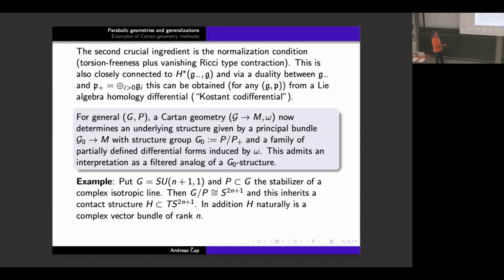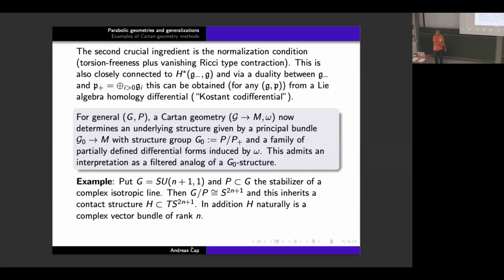If you take S^(2n+1) as the unit sphere in C^(n+1), each tangent space is a real hyperplane in C^(n+1). This contains a maximally complex subspace.